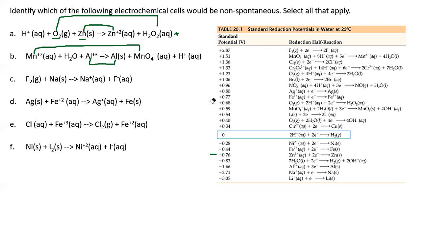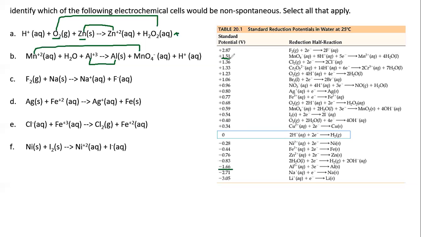So again, you look at the reduction potential table, you find out where the reduction potential of aluminum is. It's down here. And the reduction potential of permanganate to manganese 2 plus, it's up here. But wrong one, sorry. It's this one.